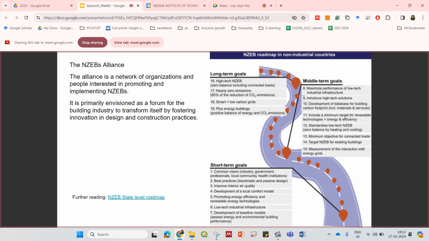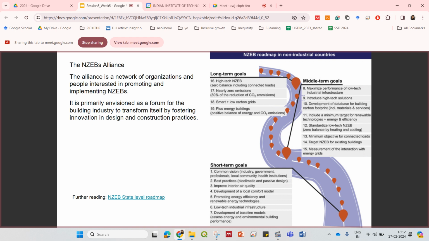So for example, providing some incentives for use of such technologies, which can be monetary incentives, or fast tracking the ease of adoption of such technologies.